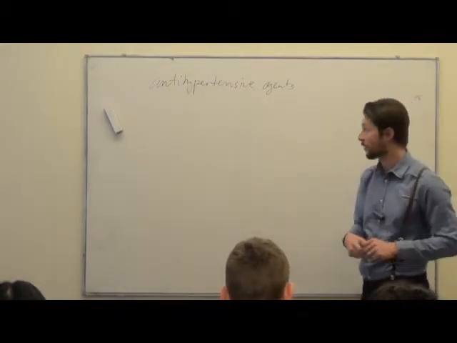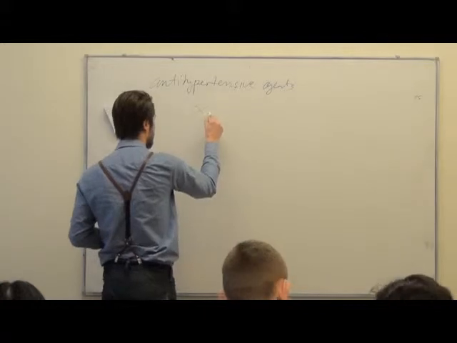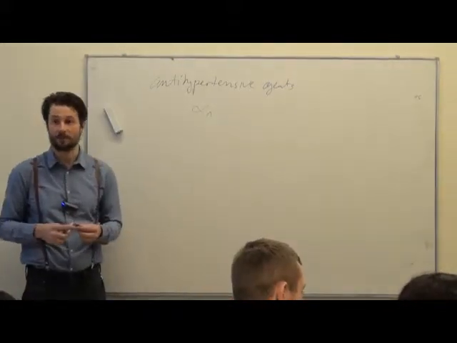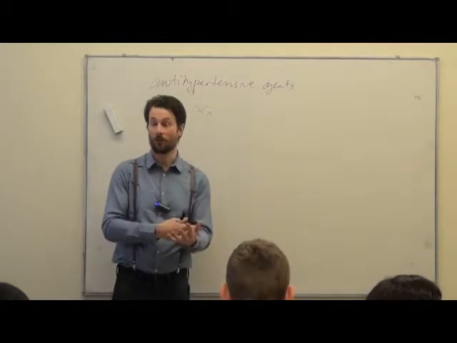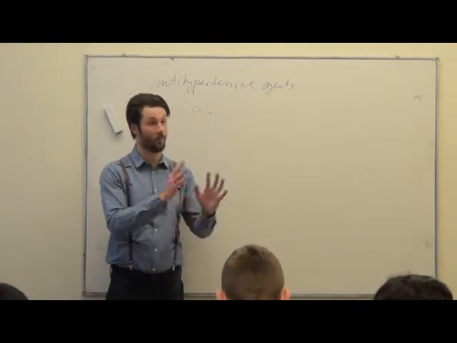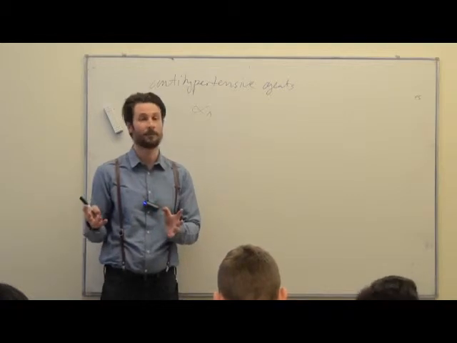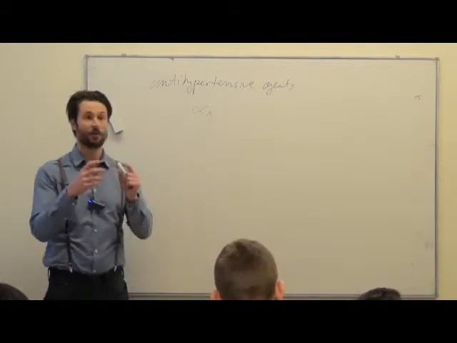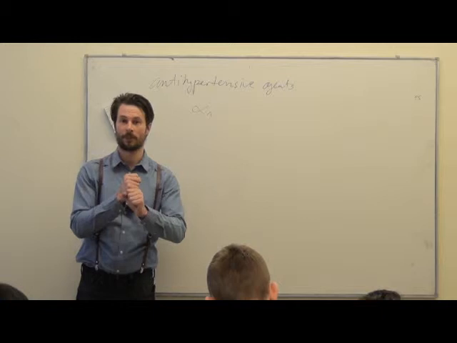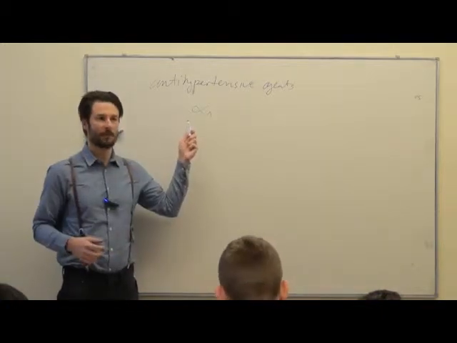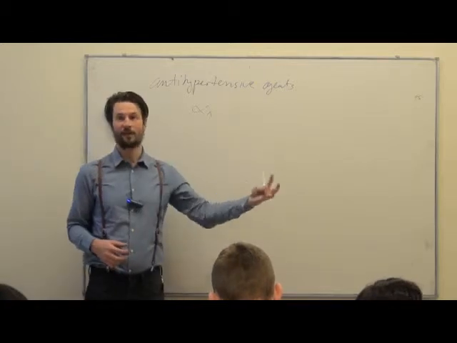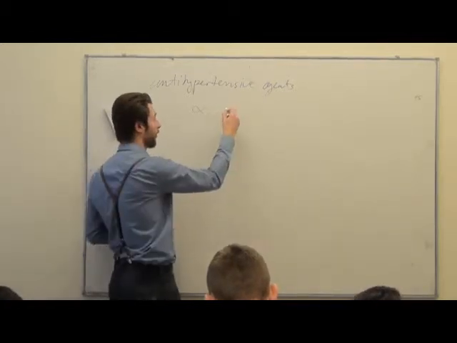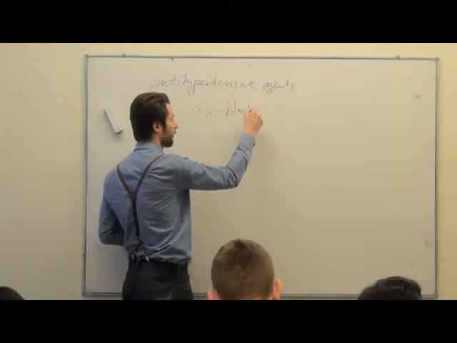Alpha-1. Okay, so one possible target are alpha-1 adrenergic receptors. Remember, those are the activating receptors on the smooth muscles of blood vessels. Not all of them, but many of them have them, okay? And their activation causes vasoconstriction. So would we use an agonist or an antagonist? We would use an antagonist of alpha-1 receptors, usually called an alpha-1 blocker.